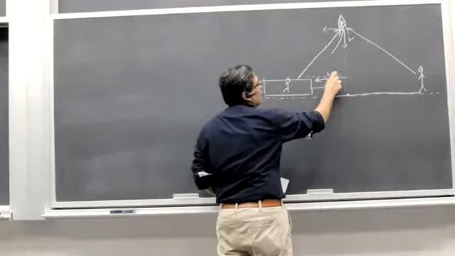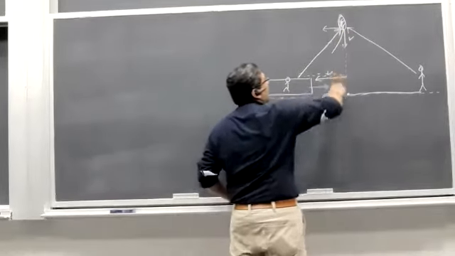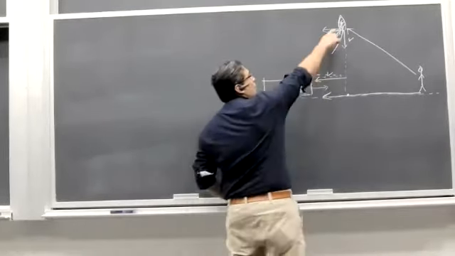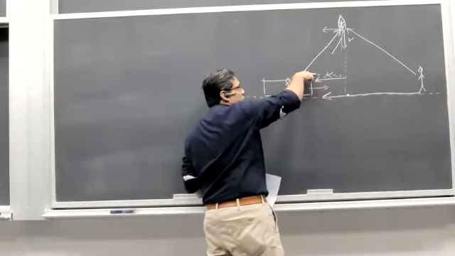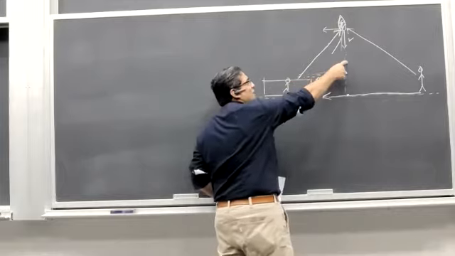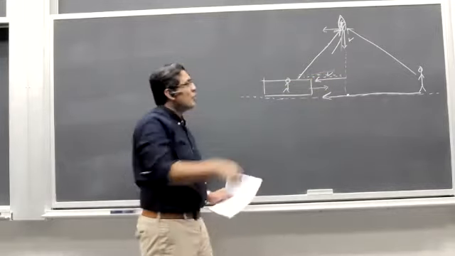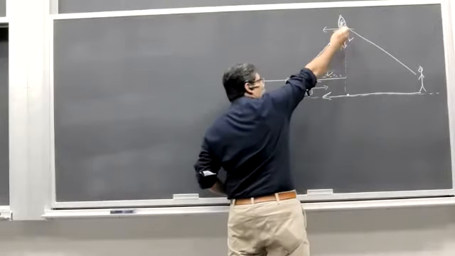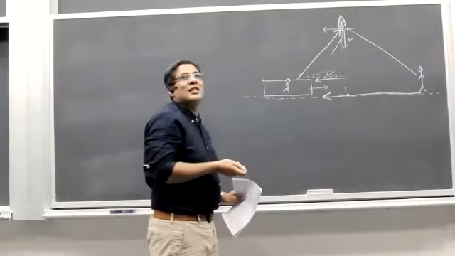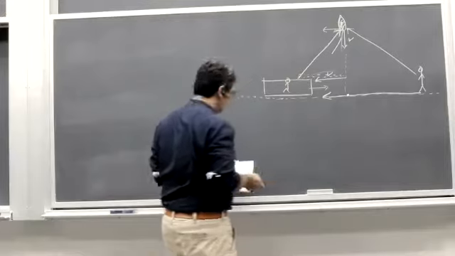And it has two components: the horizontal component and the vertical component. The object is dropping and you are moving in this direction. Both of these vectors are decreasing. So it gives you the perception as if the object is slanting towards you. Okay.